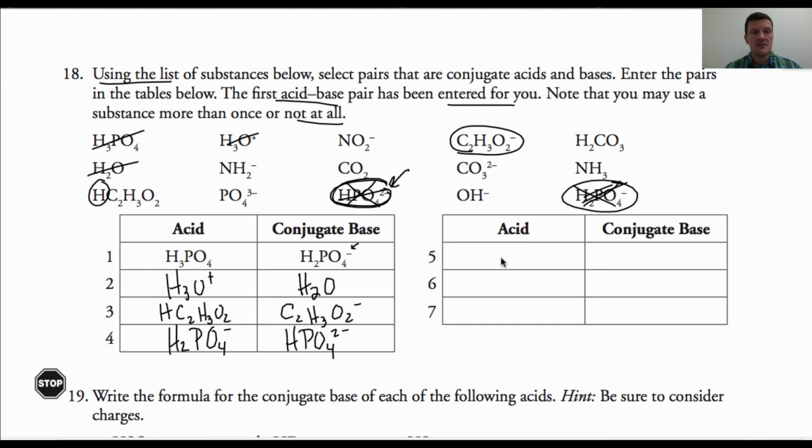Let's take this one. If it gives up an H, it's going to have one left behind, and its charge is going to drop by one. Okay? I don't see that as an option there, but that's what it would be.